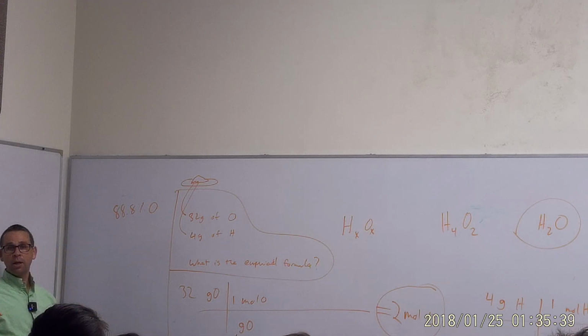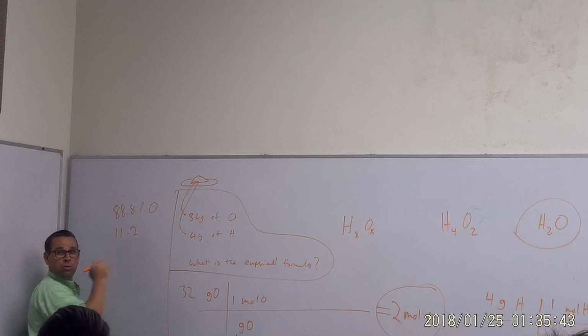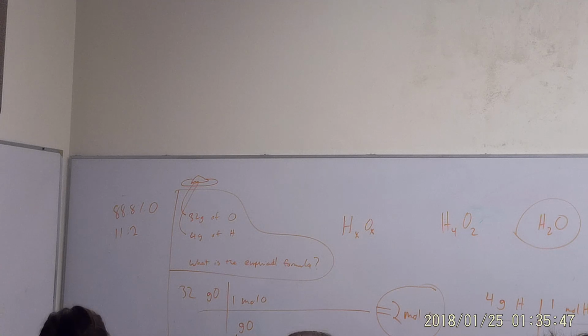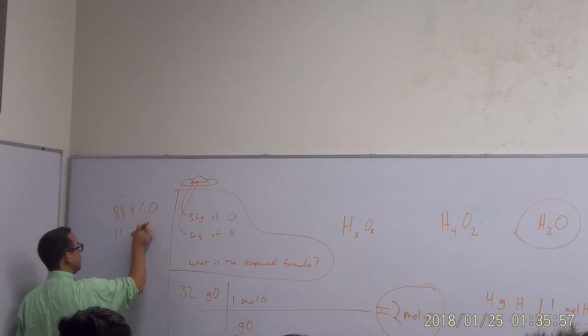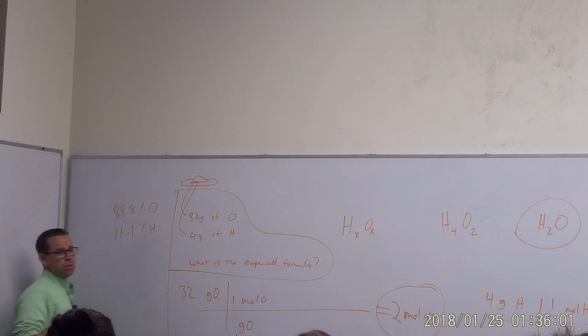And the other one, hydrogen? 11.2? What's that? 4 divided by 36, is that right, or did I do that wrong? Okay, or 11.1, thereabouts. Percent hydrogen.